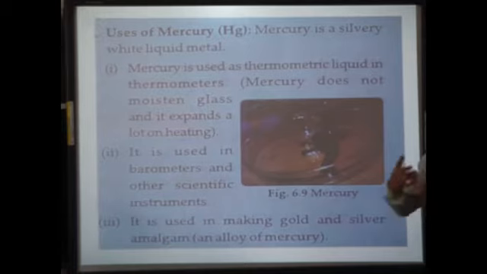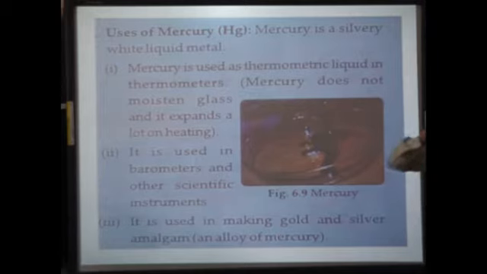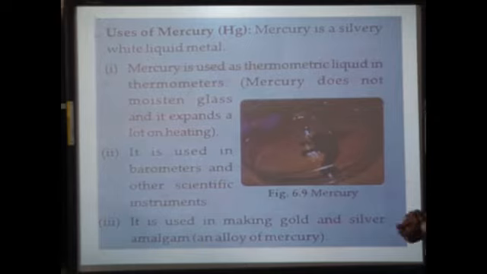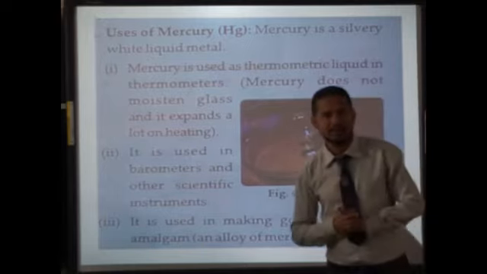Even in a manometer, the device that measures pressure, you can see the lustrous silvery white substance moving up and down, made up of mercury. So mercury is used as a thermometric liquid in thermometers.